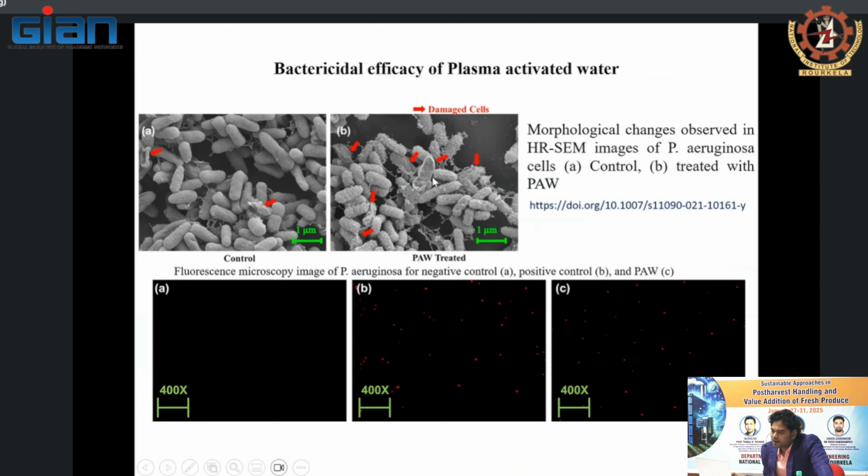It allows the cell content to ooze out, and you can see that the cell is completely destroyed when it is exposed to plasma. This is the plasma treated sample and this is the control sample. You can see this very huge difference in the cell structure.